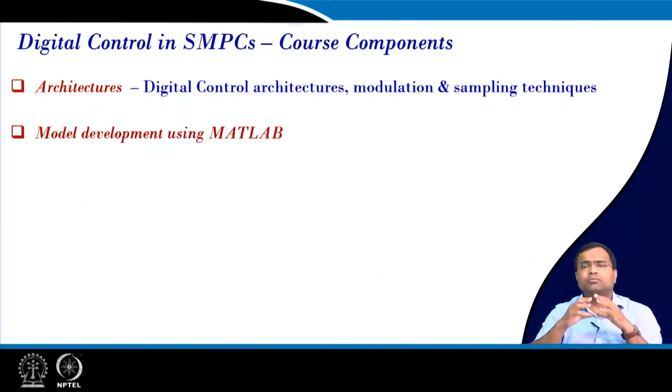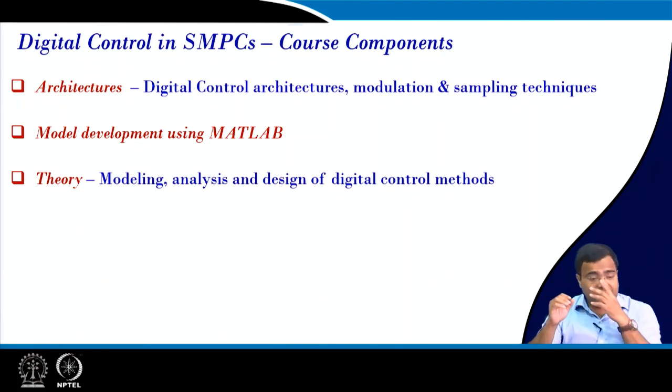Then we will talk about model development using MATLAB. We will develop a custom Simulink model as well as an .m file, that means a custom interactive model development for this digitally controlled converter. Then in the theory, we will talk about modeling techniques, how to derive a model.